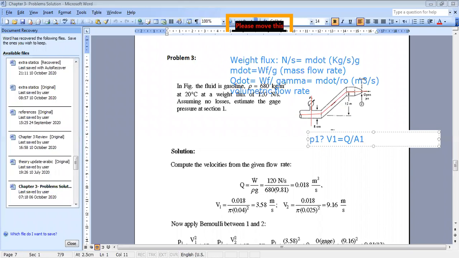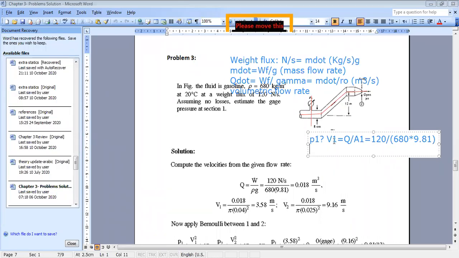So here I can calculate it. Q is 120 over gamma of my fluid, which is rho times g. So I have rho, which is 680, times g, which is 9.81, okay? So I know the value of Q.